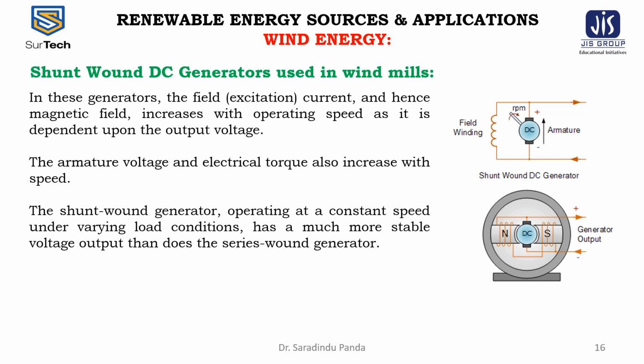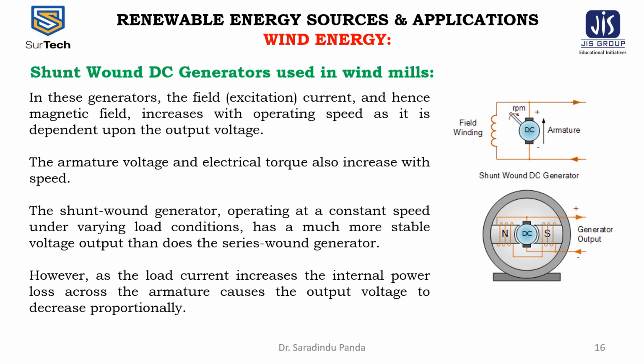The shunt wound generator operating at a constant speed under varying load conditions has a much more stable voltage output than the series wound generator. However, as the load current increases, the internal power loss across the armature causes the output voltage to decrease proportionally.